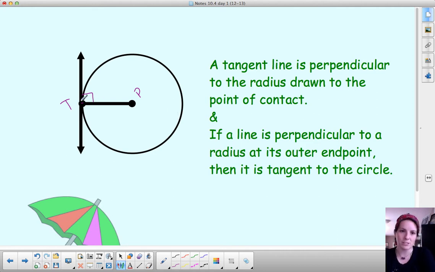So if it's a point of tangency and a radius to that point of tangency, then we know they're perpendicular. So that's our first fact. And it goes backwards and forwards. If we know it's a tangent, then we can say that the radius is perpendicular. If we know it's a radius and a point of tangency, then perpendicular, all those good things. So that's our next fact.